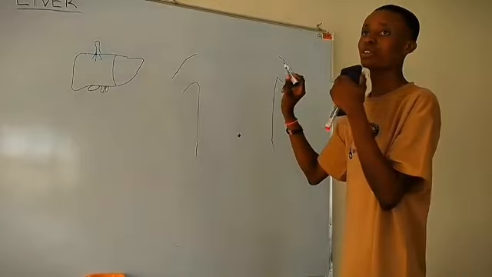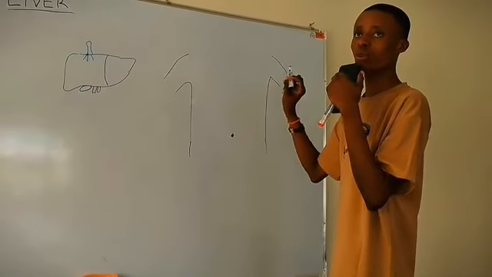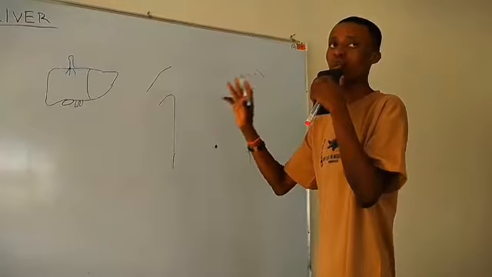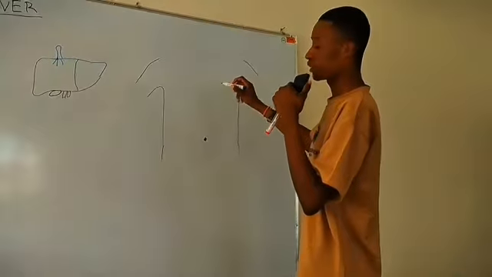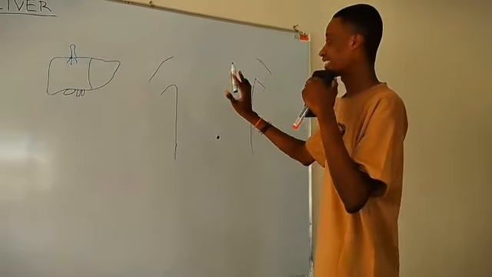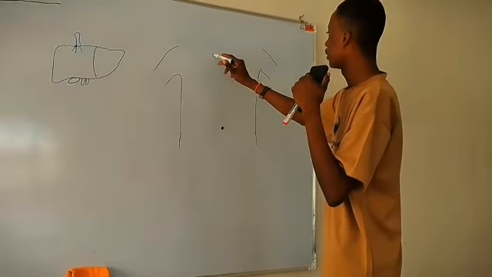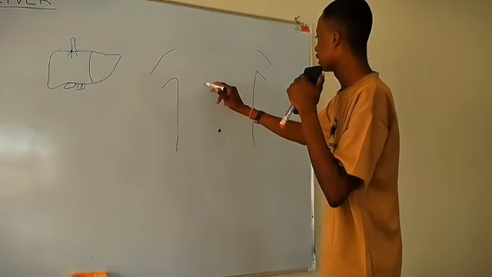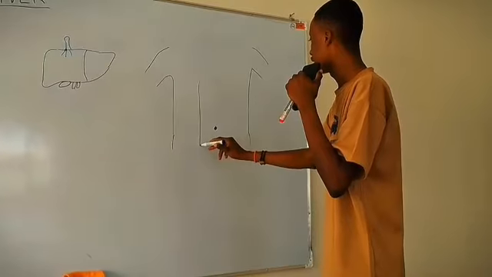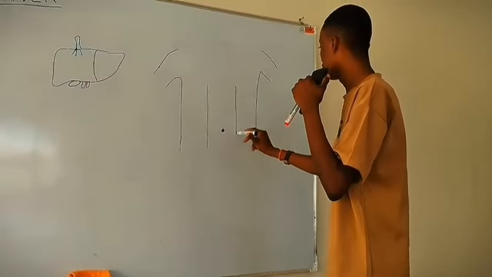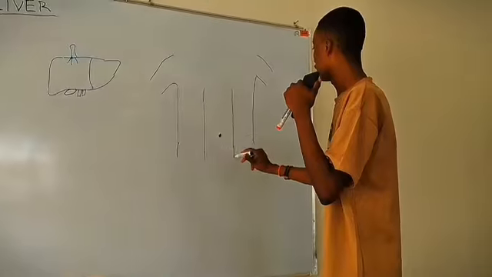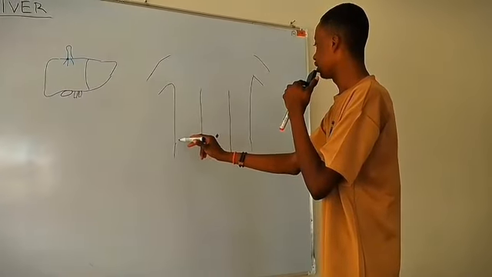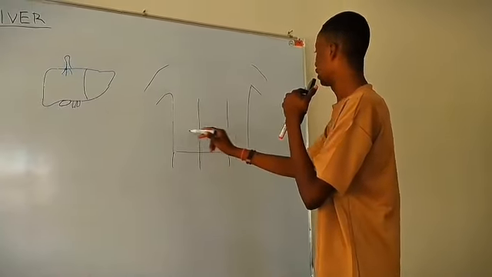We have anatomical regions and we have anatomical quadrants. We have 4 quadrants, we have 9 regions. First of all, let's look at regions. Now, regions of the body are like this.